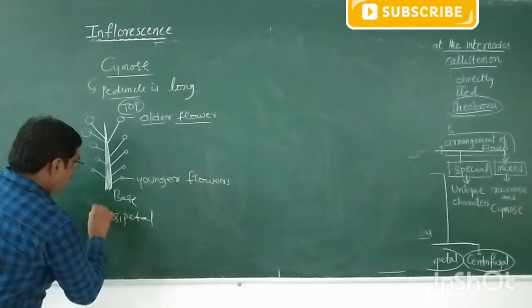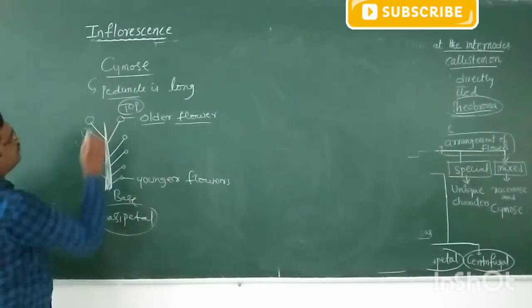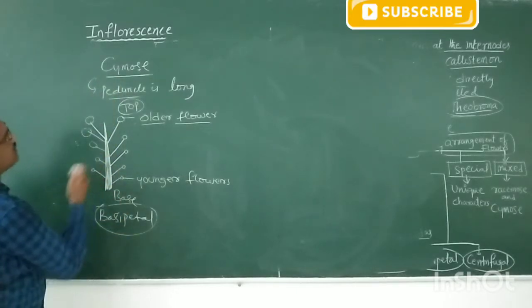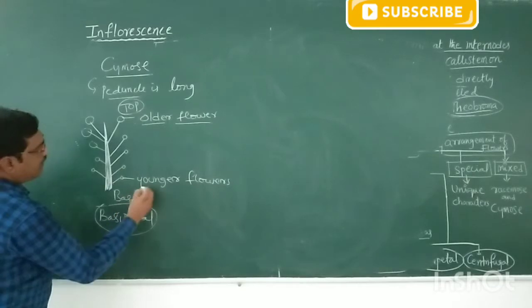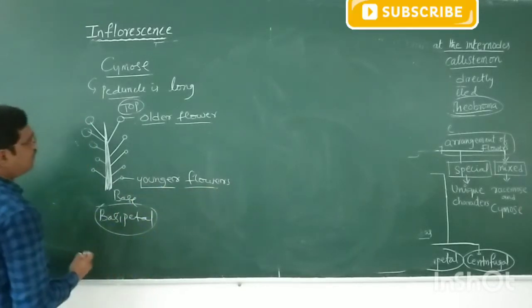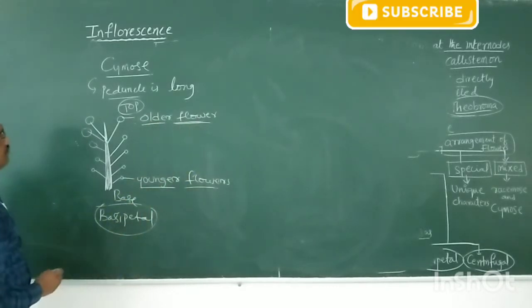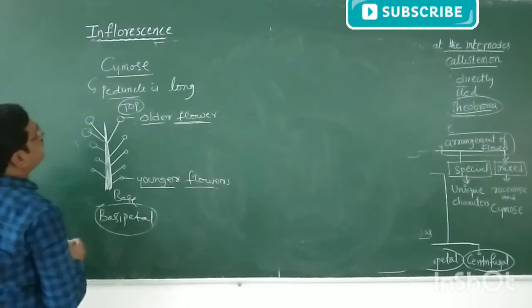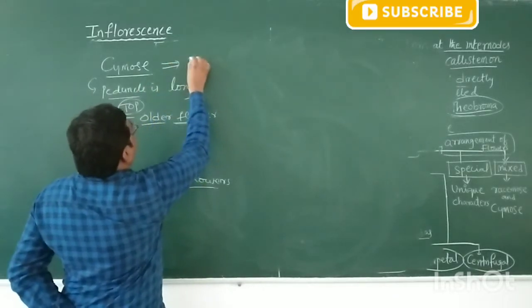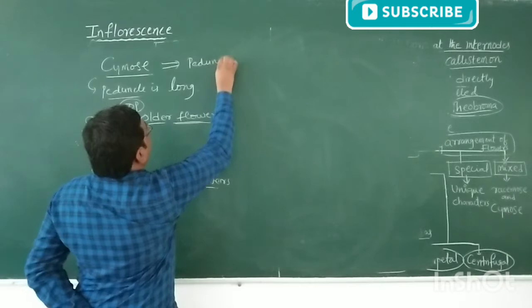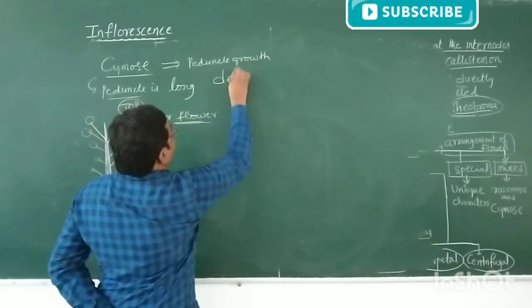Basipetal. What is the basipetal in a cymose? In cymose, basipetal is nothing but here at the base of the peduncle, younger flowers are there, and at the top of the peduncle, older flowers are there. Means the most important characteristic of the cymose, the peduncle growth is definite.